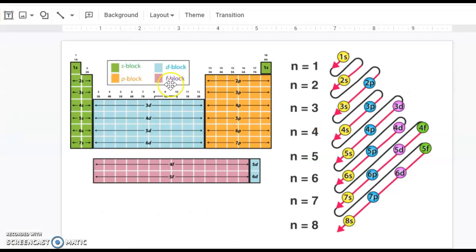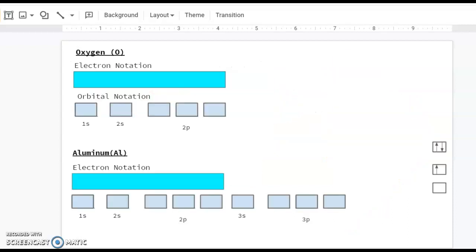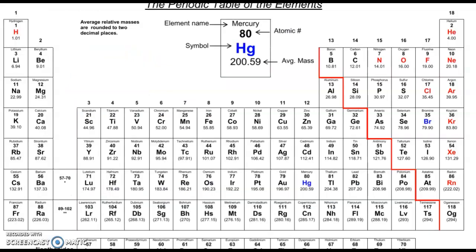We're going to have to use either the chart method or your periodic table, one of the two. For example, oxygen. If we use our periodic table method, we have energy levels 1, 2, 3. Oxygen is in period 2, so you're going to stop at energy level 2. We have our S block, our D block, and our P block. To start, we go 1s1, 1s2, so 2 electrons. Then 2s1, 2s2.